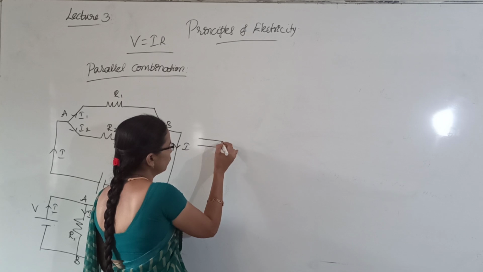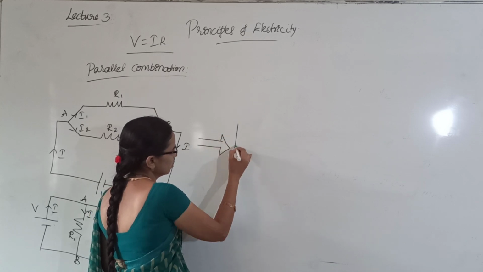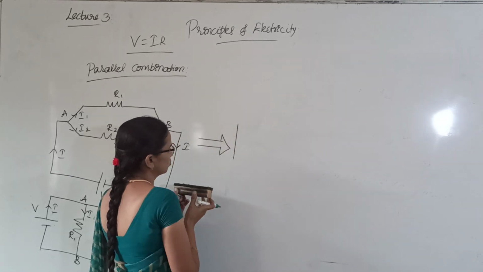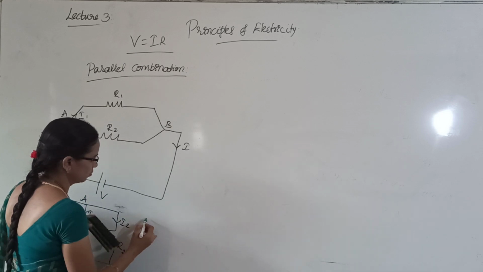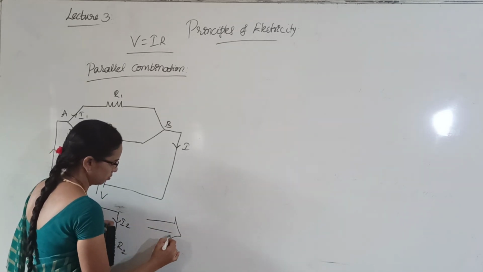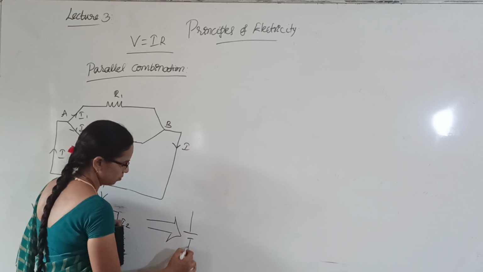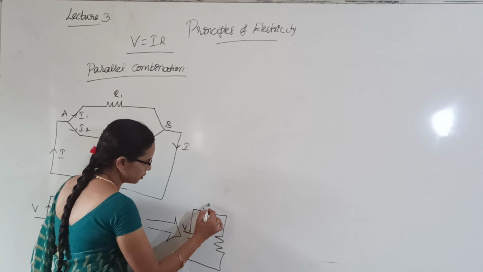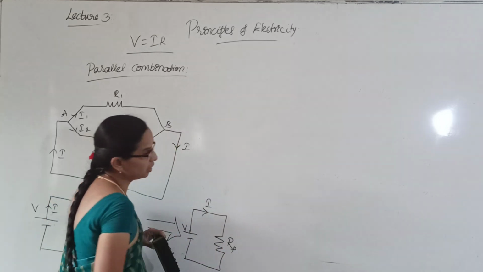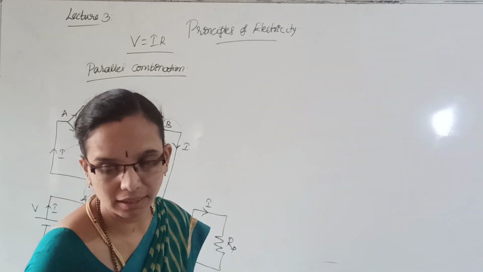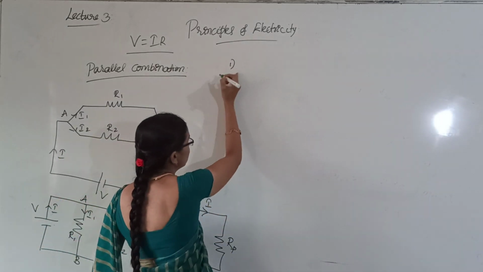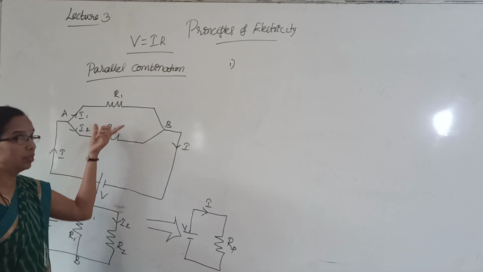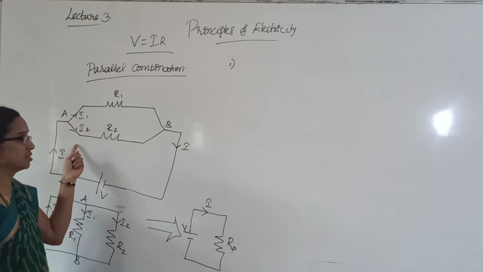So, if I write the equivalent circuit for this, the voltage is applied, and the effective value of resistance is called Rp, because two resistors are connected in parallel. In parallel combination, the voltage remains the same in both the resistors, whereas the current divides.